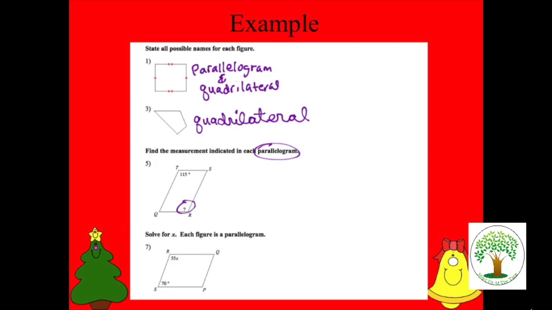Because they're diagonal from each other. These are opposite, not consecutive. So angle R equals how much? They are congruent, 115. The opposites are equal.